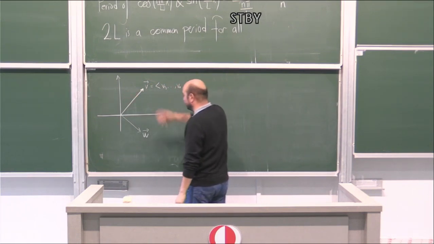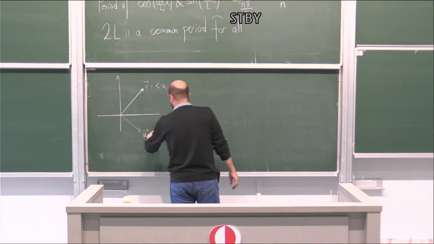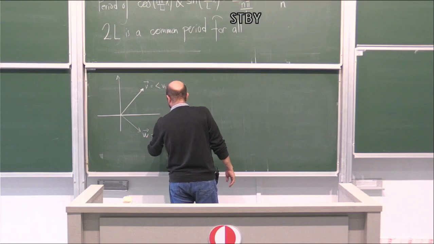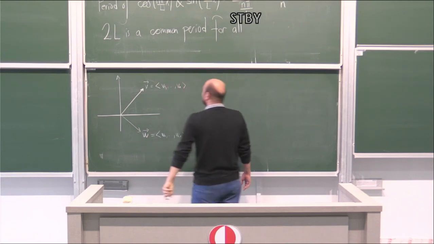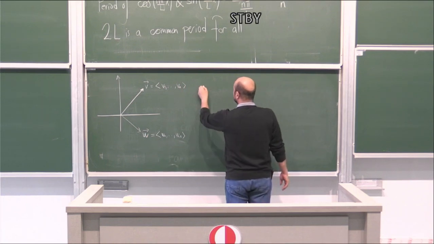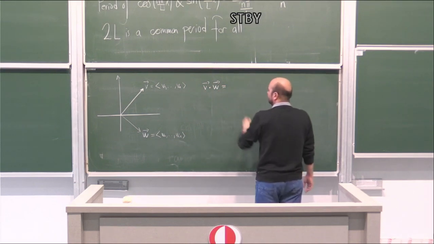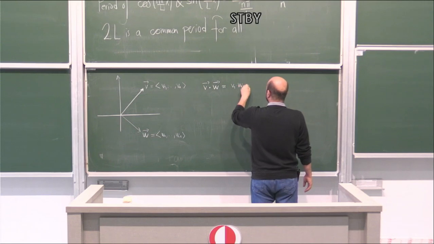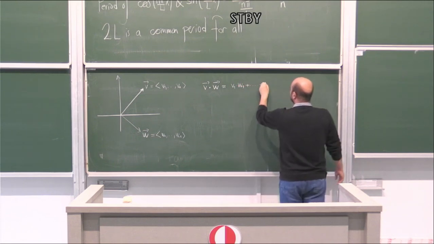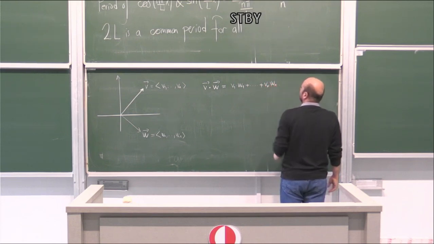Of course it's two-dimensional, but if you have these coordinates, their dot product v dot w is equal to v1 times w1 plus until vn times wn.